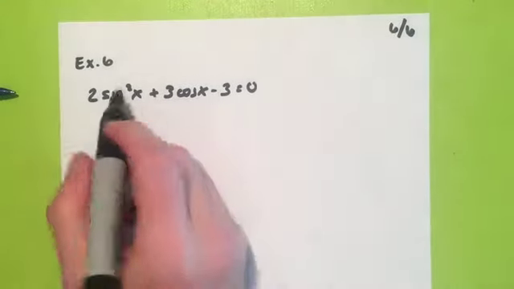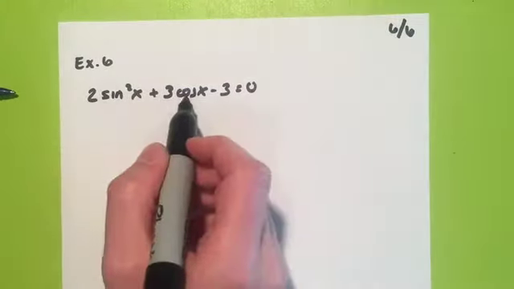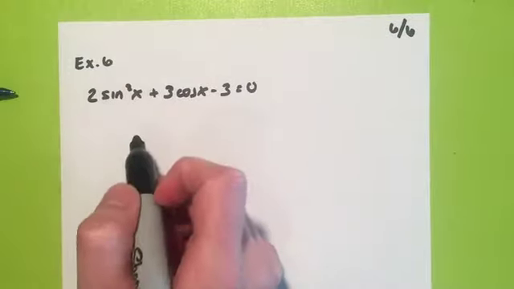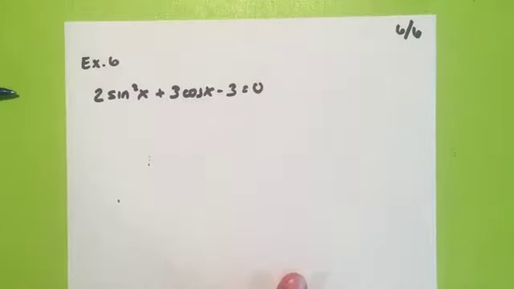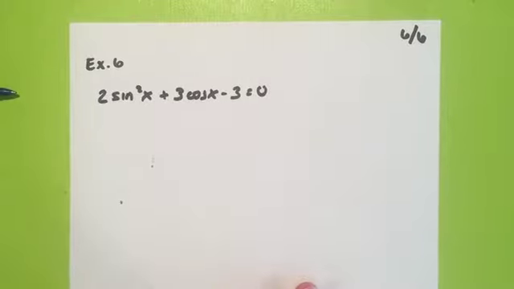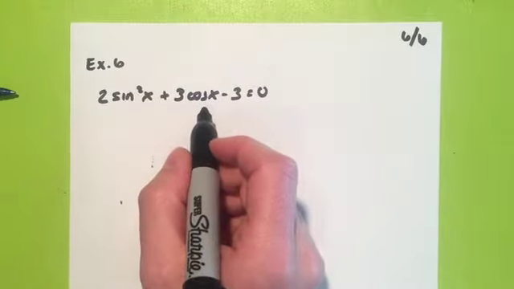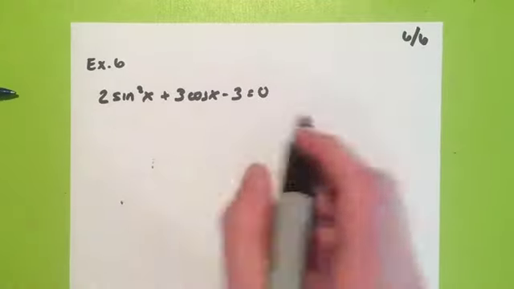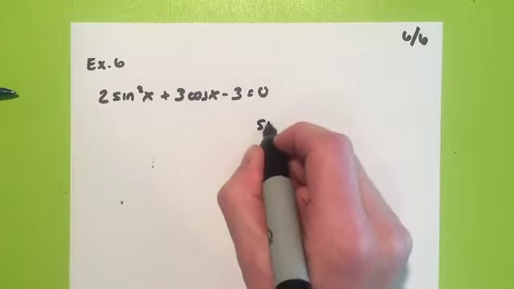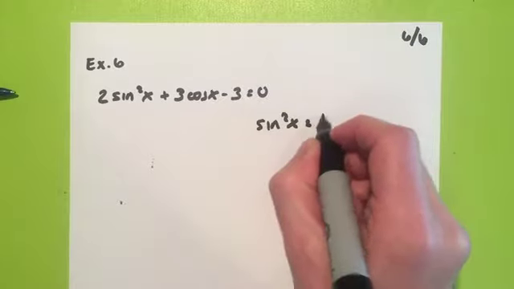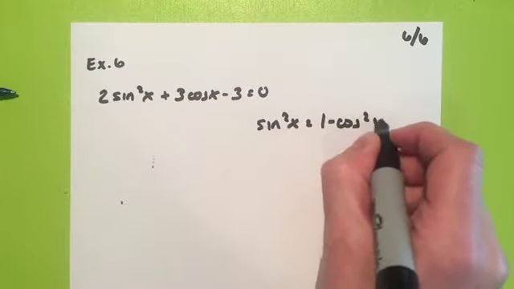Now I've got an example where it's again a quadratic, but I have different terms, different trig functions. Here's where we need to use our identities to rewrite this in terms of only one function. Now cosine of x, we can't very easily rewrite, but sine squared, I'm going to take advantage that sine squared is 1 minus cosine squared.